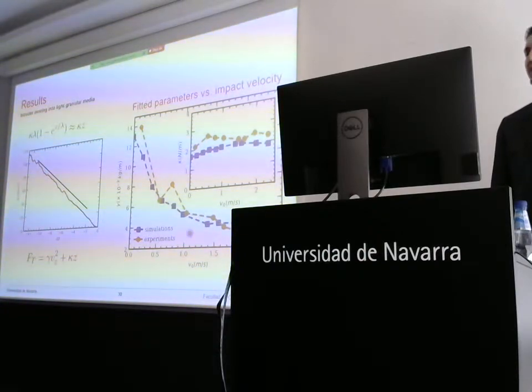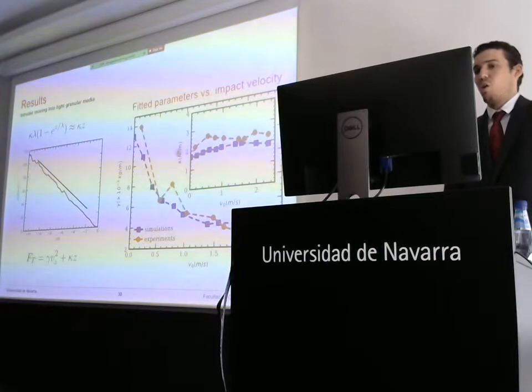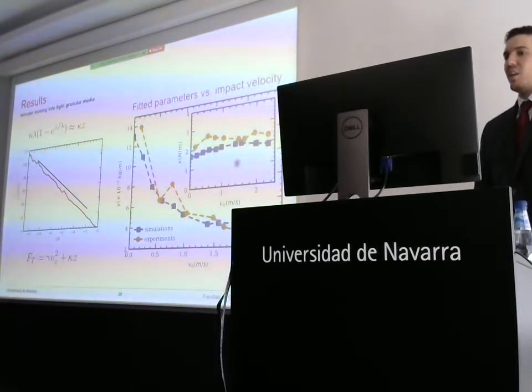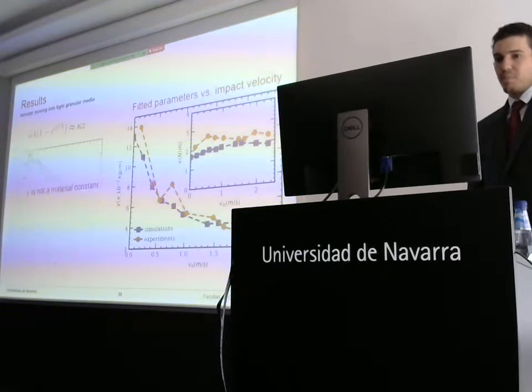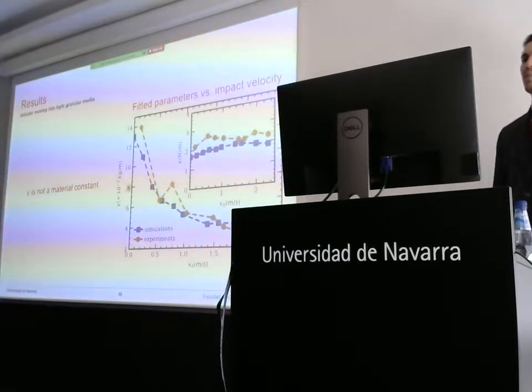When we increase the velocity, this parameter doesn't change with the impact velocity. However, the frictional term barely changes with the increase of the velocity. So we can conclude from this plot that gamma is not a material constant.